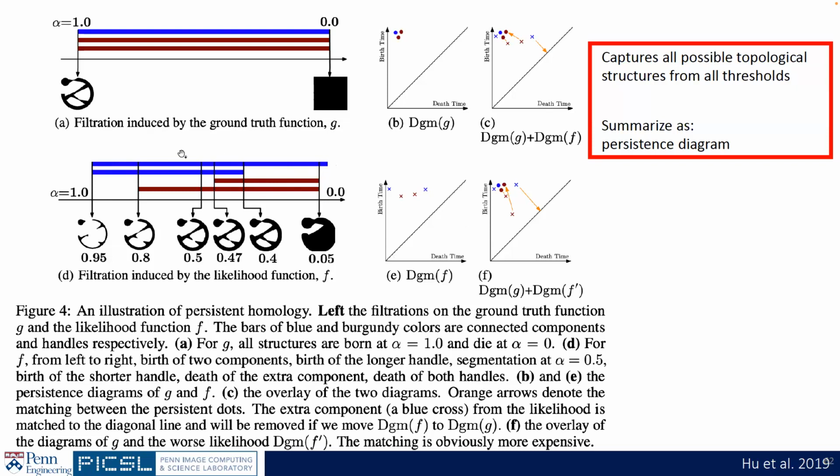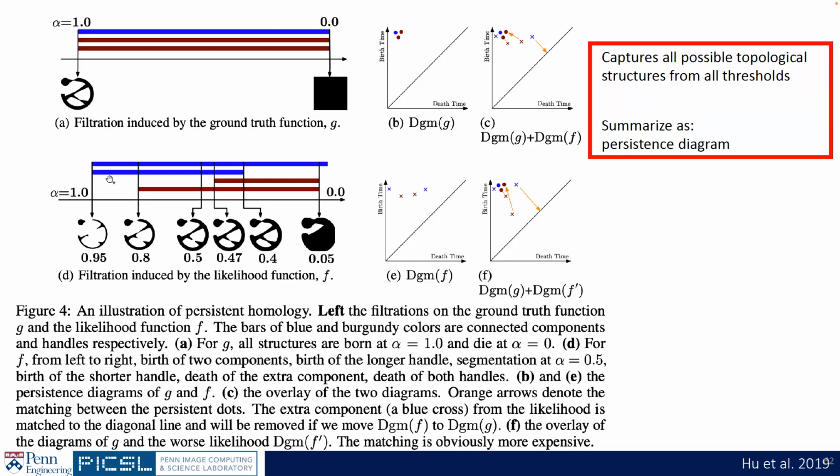So I'm just keeping track, as I'm going from alpha 0.95, alpha 1 to alpha 0, of how many holes and how many connected components I have introduced or killed, right?